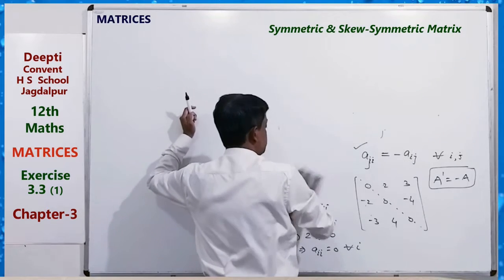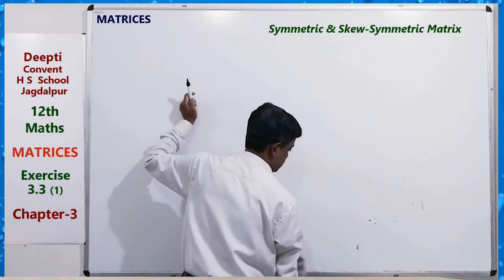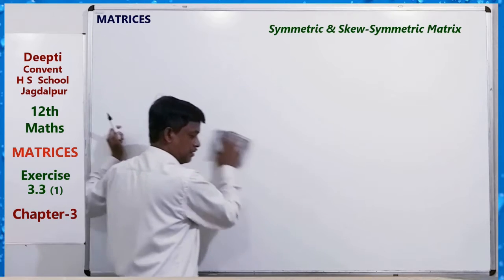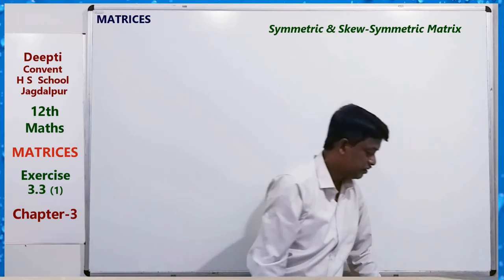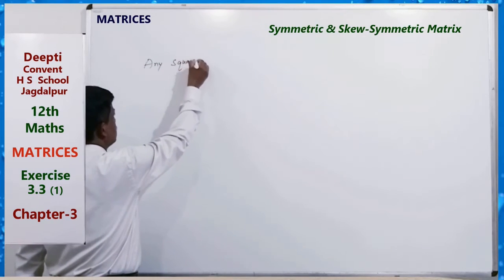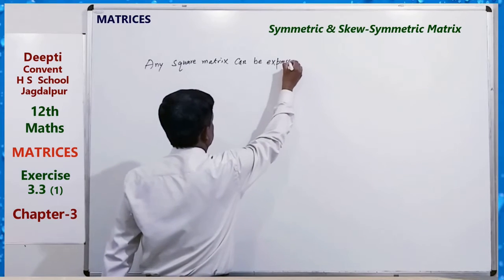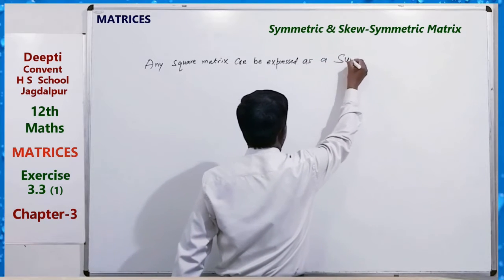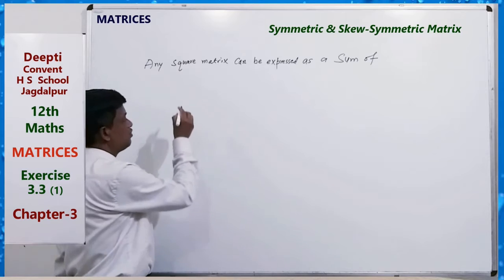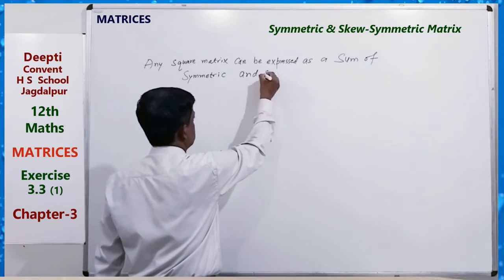That is, any square matrix with real entries can be written as a sum of a symmetric and a skew symmetric matrix.